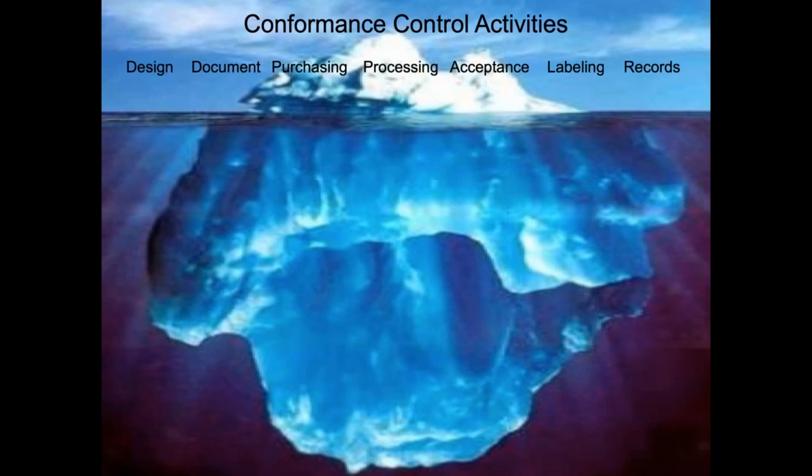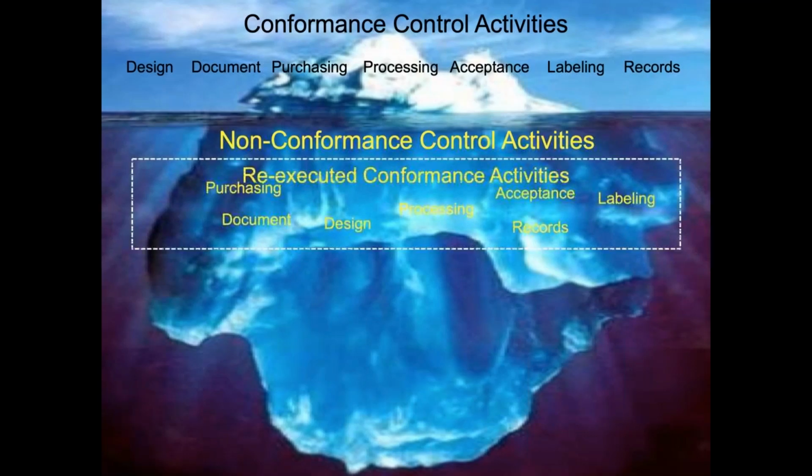You can look at design, processes, documents, purchasing, processing, acceptance, labels, and records. The first time they're done, they're conformance activities, and the first time they provide a benefit. When they have to be redone, they turn into non-conformance activities. So the first time you do them, it's a conformance activity. The next time you do them, it's a non-conformance activity.